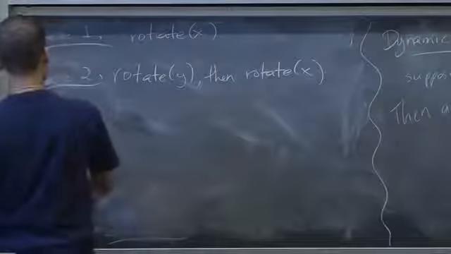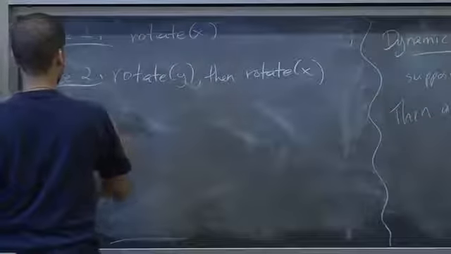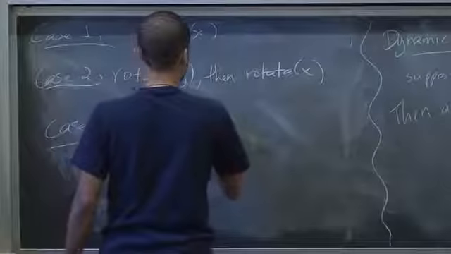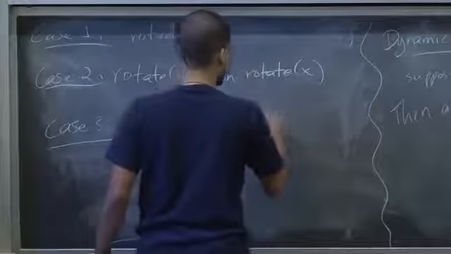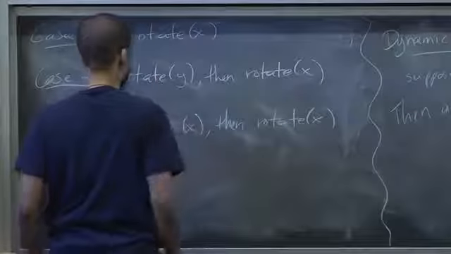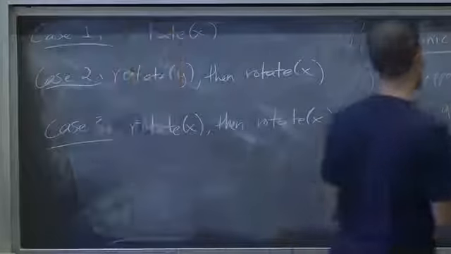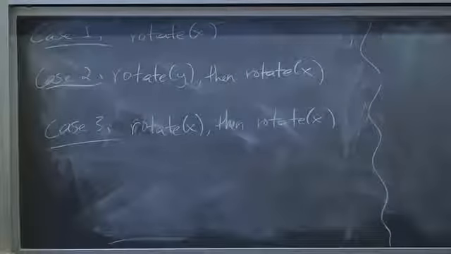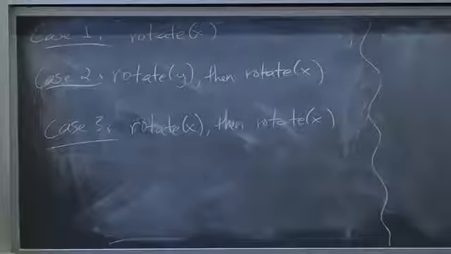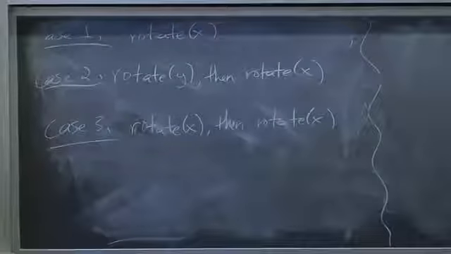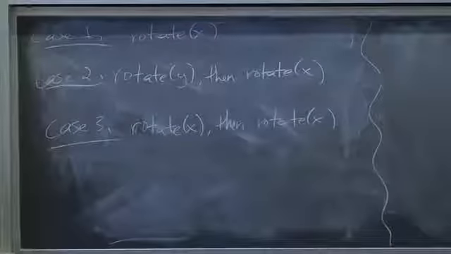And then we have case three: we'll rotate x, then rotate x again. Okay, so that's splay. We'll keep looking at x. We're in one of the three cases. We'll do the corresponding thing, and then we'll iterate this until x is finally the root.